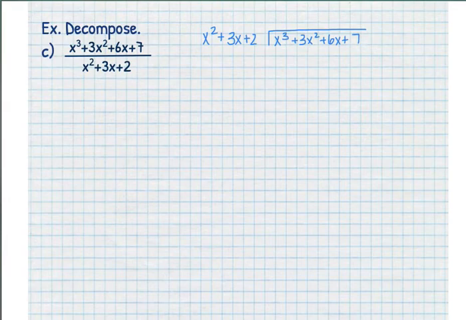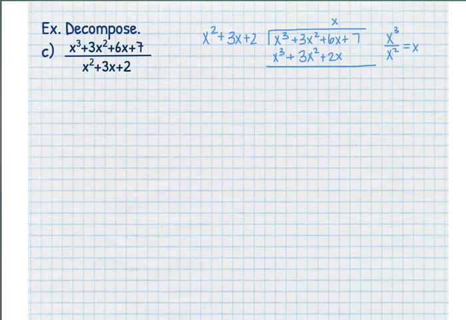Then we'll divide our first terms, x cubed divided by x squared, and we'll get x. Then we'll multiply. X times x squared is x cubed, plus x times 3x is 3x squared, plus x times 2 is 2x.